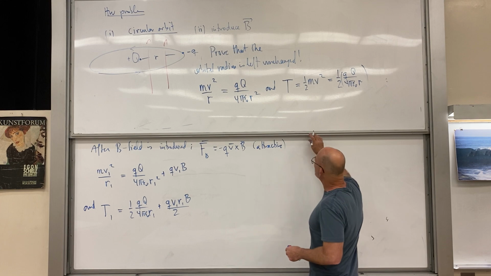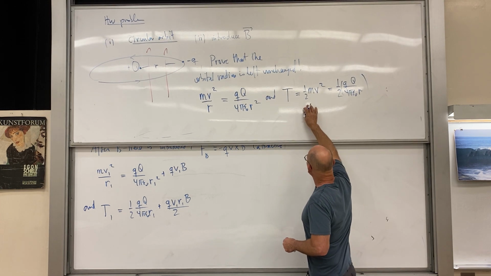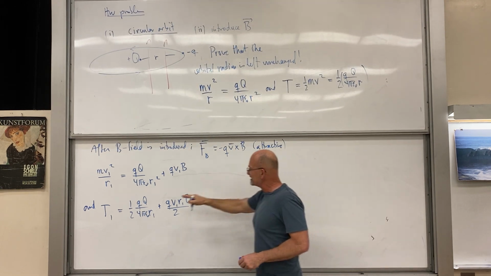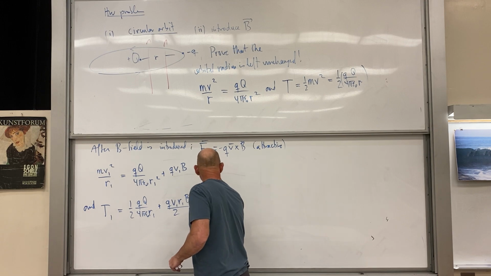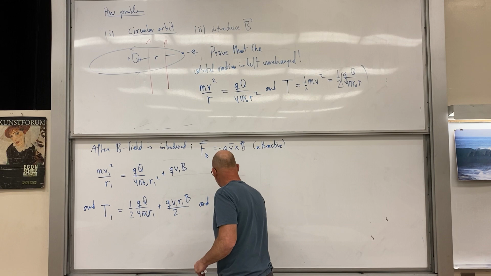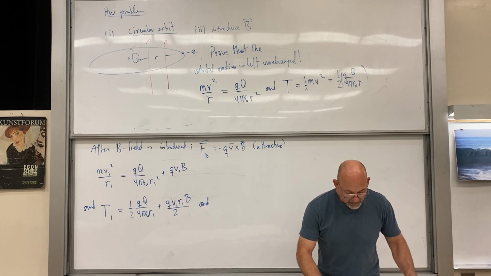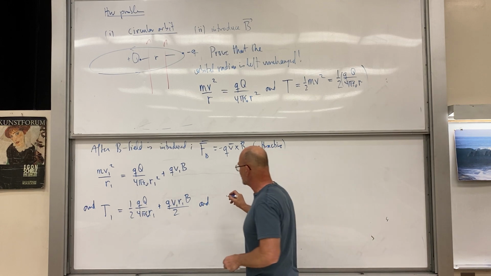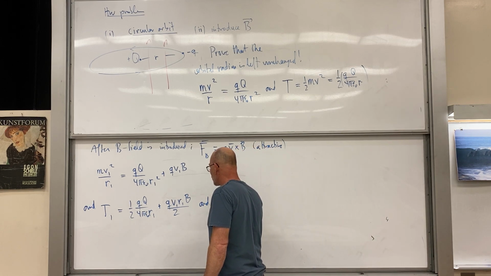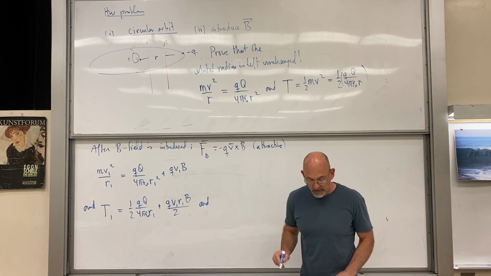So now we have T initial and T final. And now we'll write the delta T. Am I writing delta T or dT? Let's consult. Well, first I'm doing it step by step. So T1 minus T.